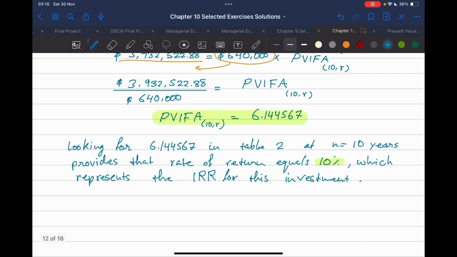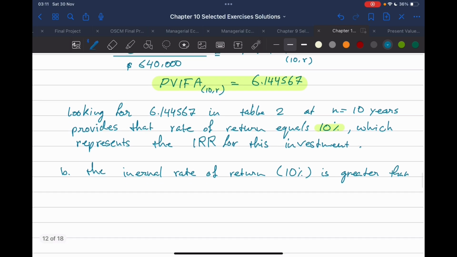So for this, we're simply going to say the internal rate of return, which is 10% in this case, is greater than the hurdle rate, which is 9%.